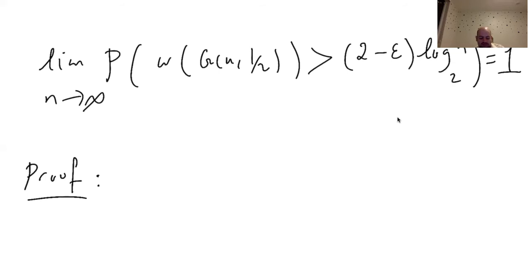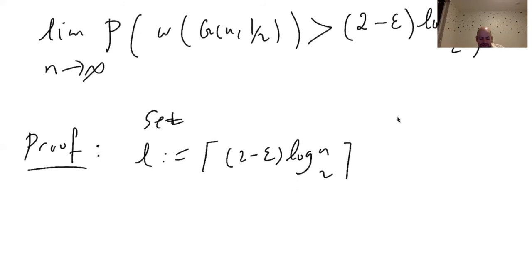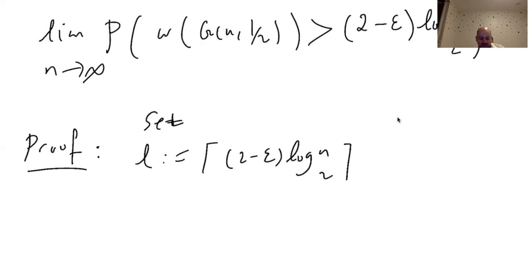So this time I can set L to be the ceiling of 2 minus epsilon log n. Then we saw that this condition would hold if and only if G(n, 1/2) contains a copy of K_L.